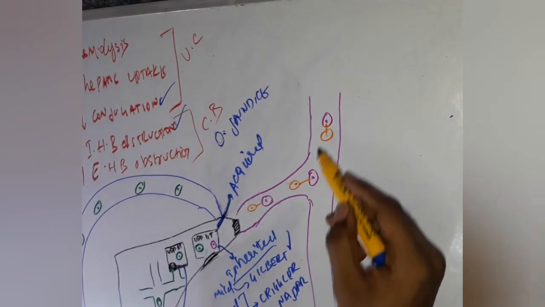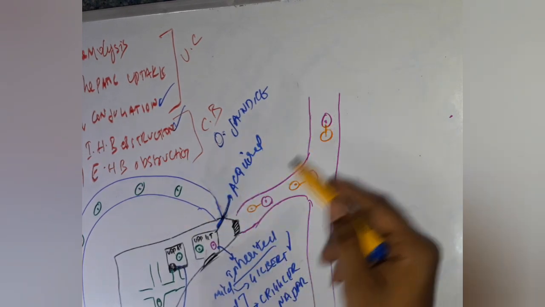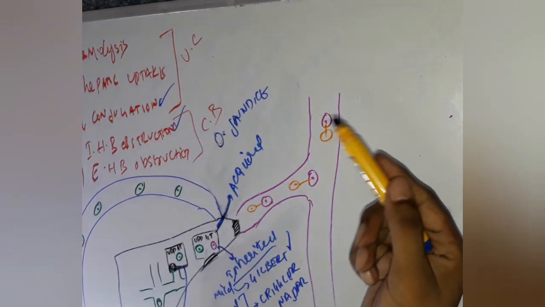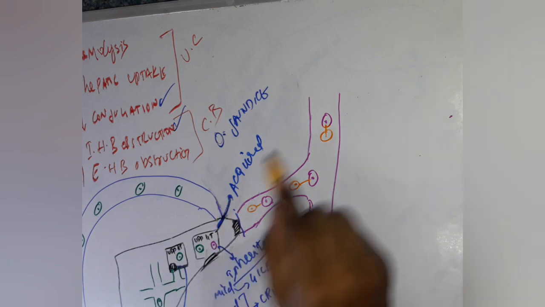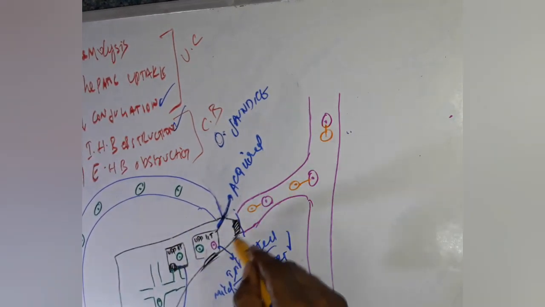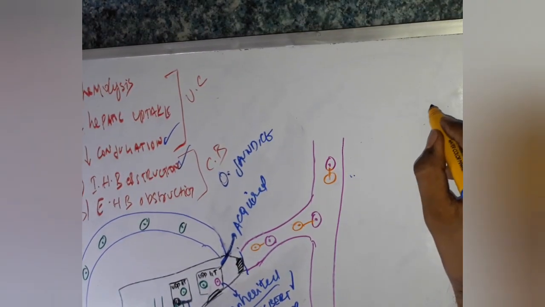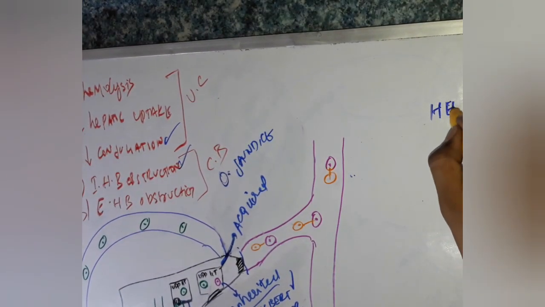And from the increased hemolysis till the bilirubin reaches the liver, that is the first one, I call it hemolytic jaundice.